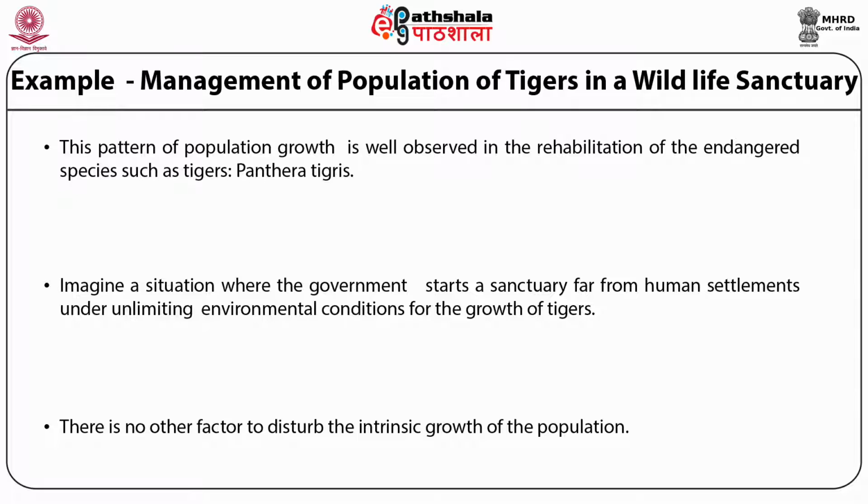Thus, the value of R can be calculated as R equals 1 plus B minus D, which equals 1 plus 0.45 minus 0.1, equal to 1.35, and the population at the end of each year can be calculated and predicted.